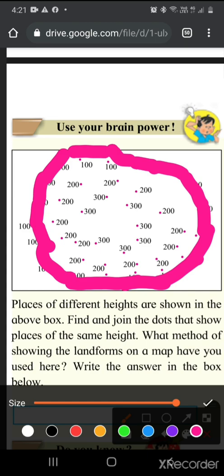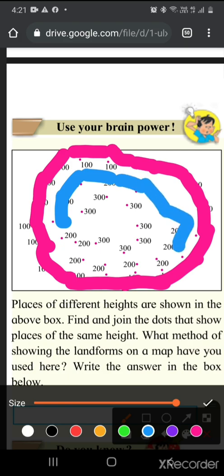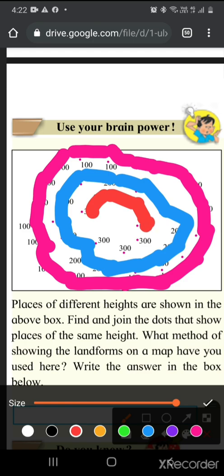And then if we choose another color and we join places of 200 meters in height from the sea level, that means 200 is a little higher than that 100. And then we take another color and we join the 300 dots having the height of 300. That means the central part is a little higher than the outside part.